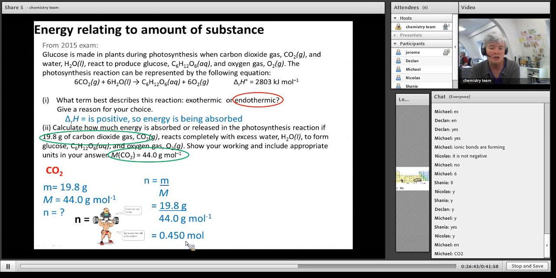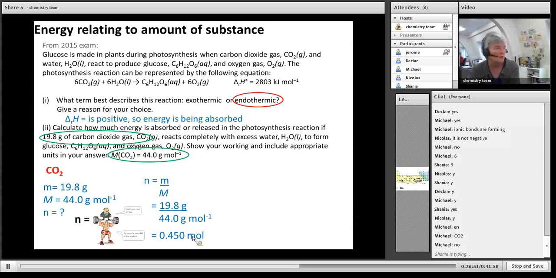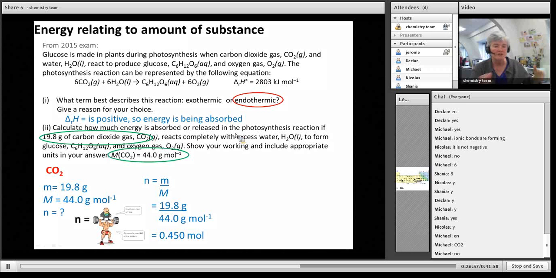Now, have we answered the question? Can we stop here? No, we can't, because we've got to calculate how much energy is absorbed or released. So we've calculated moles, and as I say, whenever you don't know what to do in a question, calculate your number of moles. That'll get you achieved.